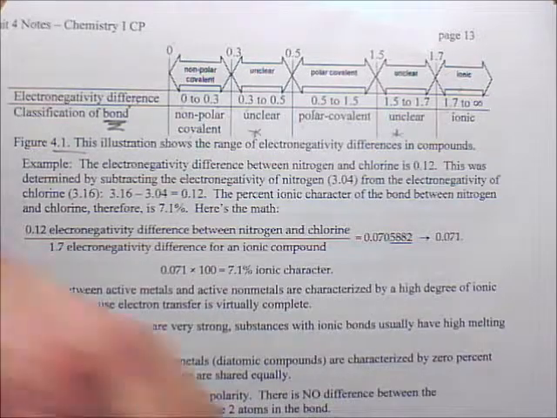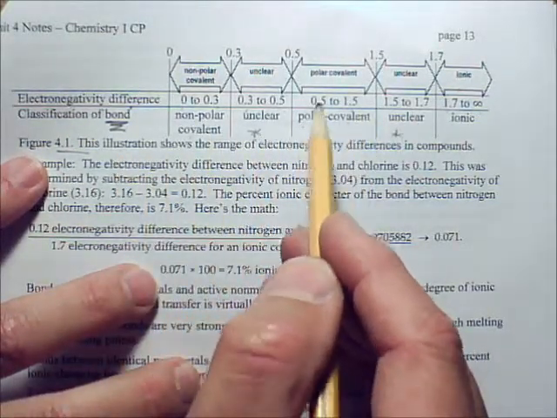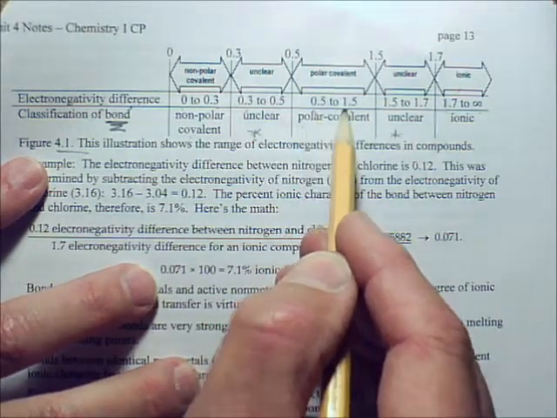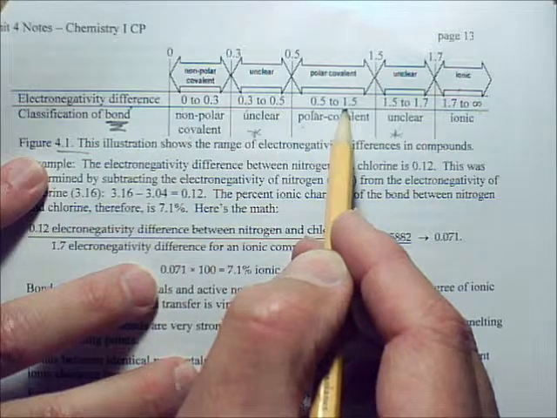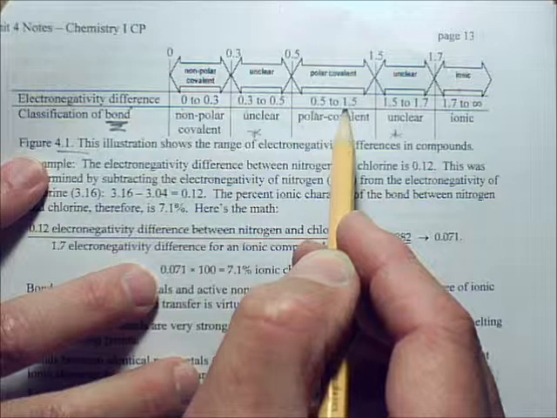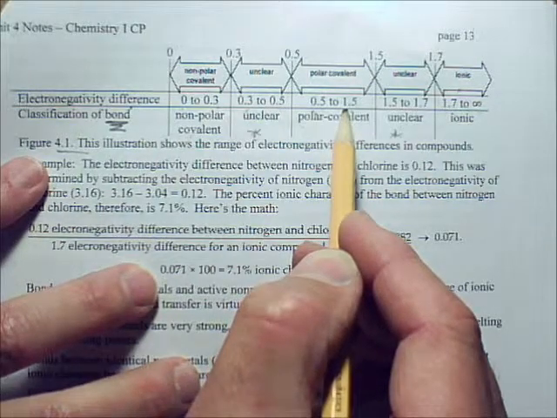So if I have a bond between two atoms that has an electronegativity difference between these two amounts, then that's a polar bond. But to get a polar molecule, I have to have more than just polar bonds.